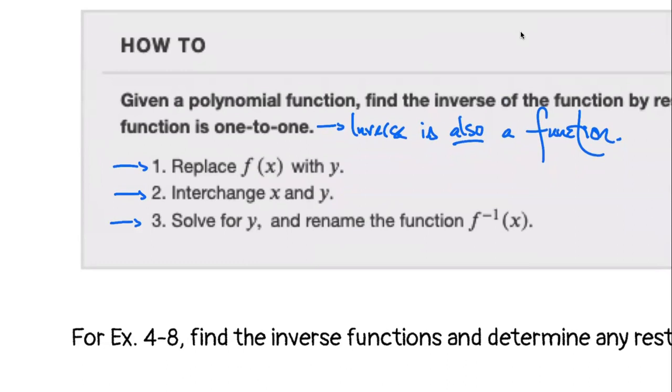That's where the bulk of our work is. But I don't want us to forget about this last part here. I'm going to put it as like a separate step 4. We're going to rename the function f with a -1 of x. All right, so we're going to really work on using the proper notation so that we know what it means, but also people who read our work know what we mean.